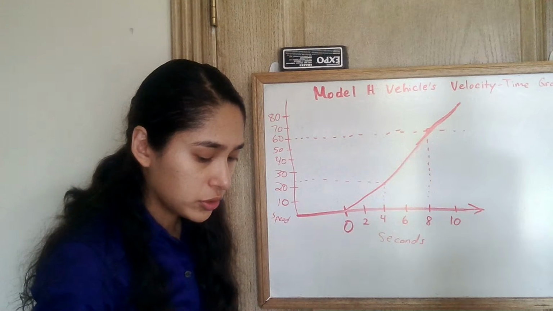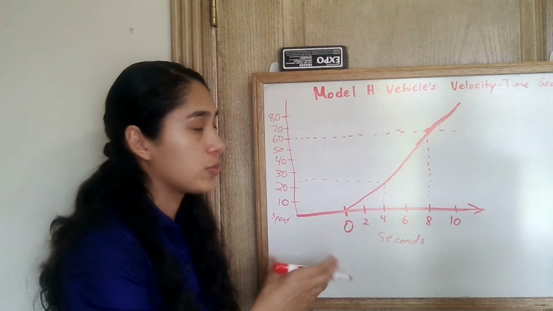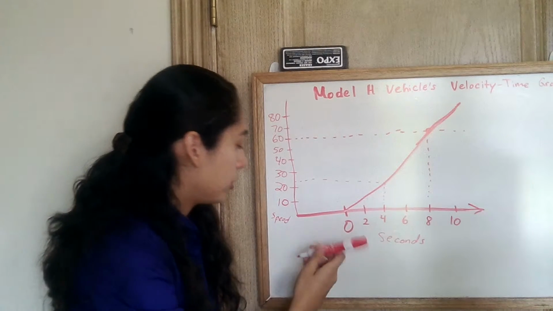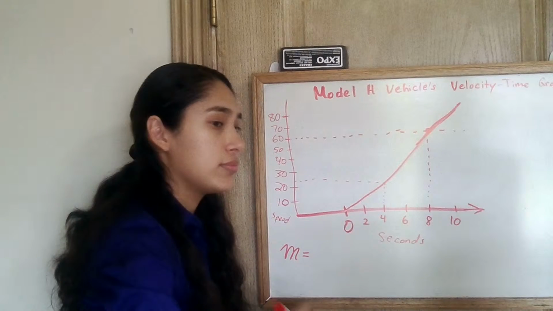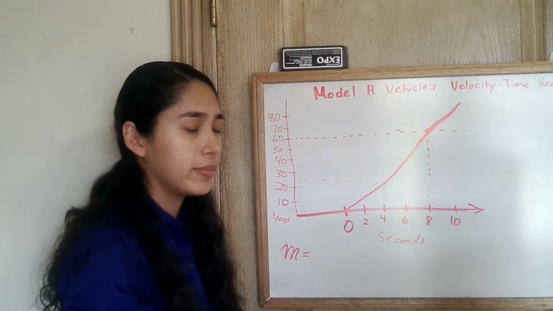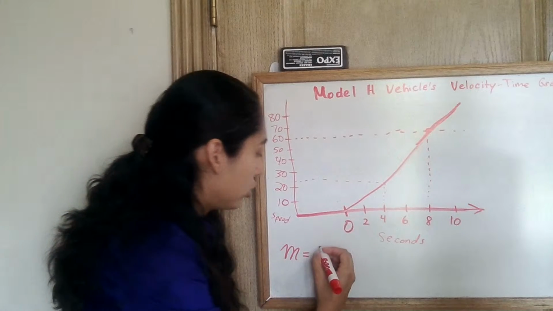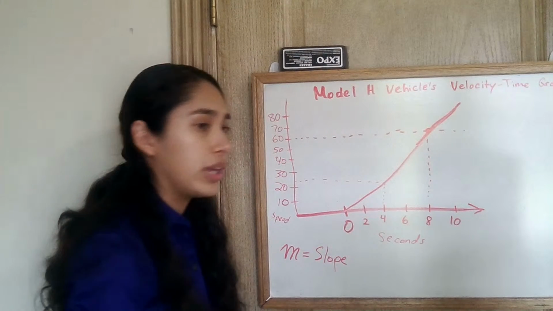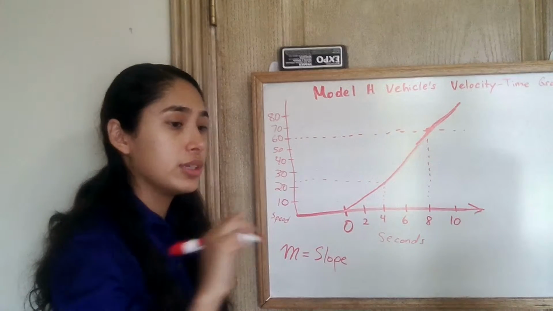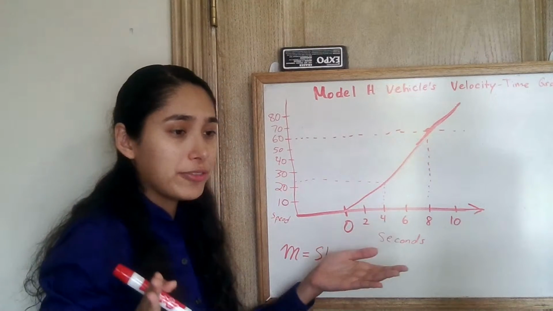So here, and now this is getting more into algebra, we're going to call this M. Why is it called M? That's just the mathematical placeholder that they use for lines. M is called the slope. Whenever you're going up a mountain, I know here in the valley it's pretty flat.